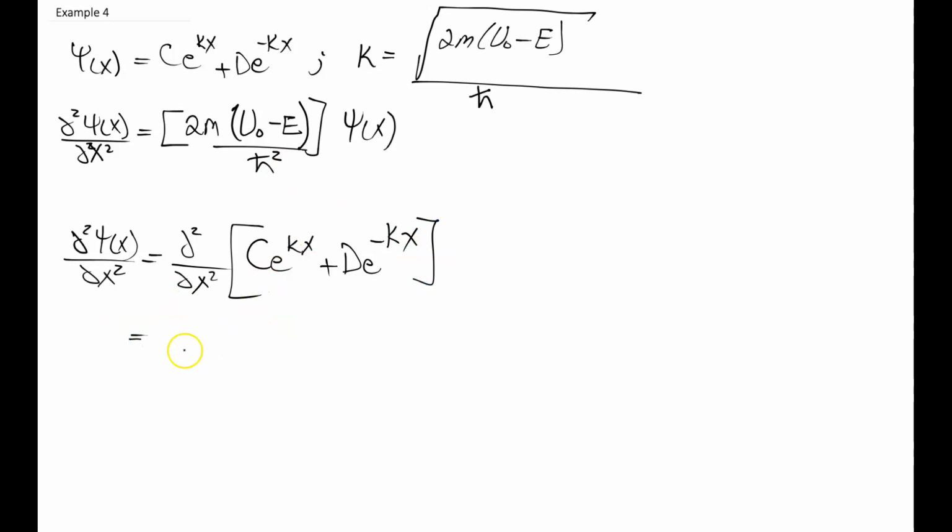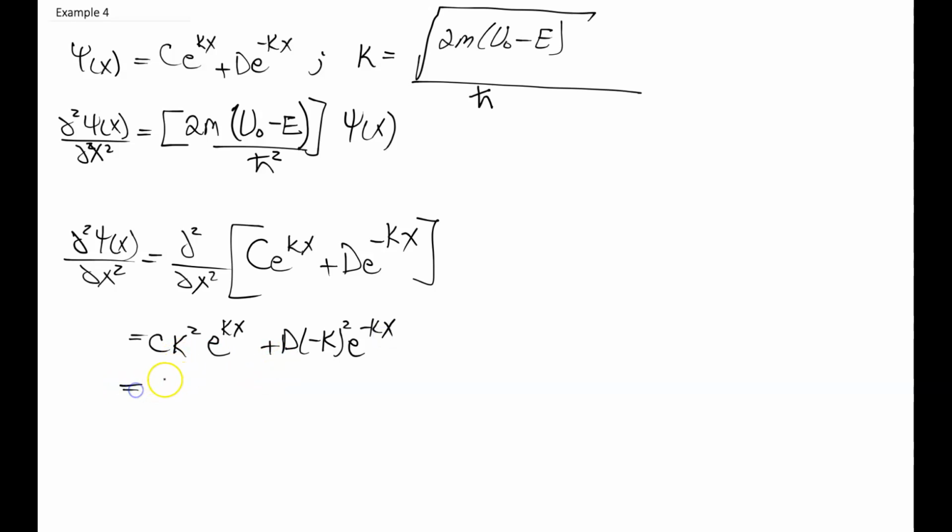which is going to equal c k squared e to the kx plus d (minus k) squared e to the minus kx.